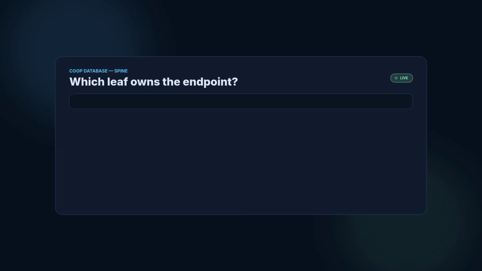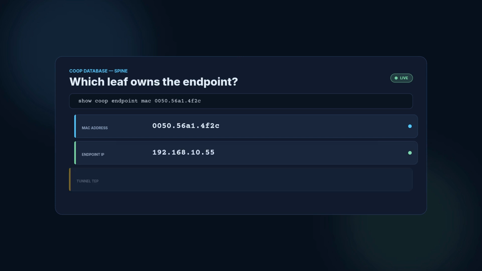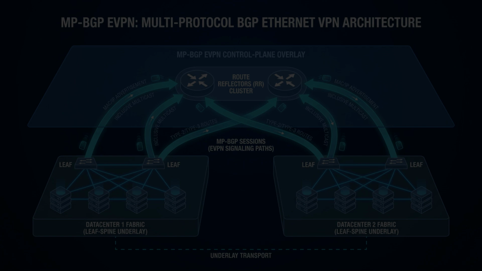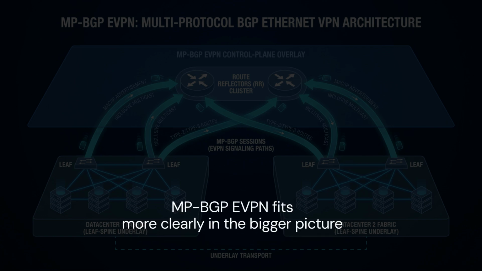If ISIS gives the fabric reachability to the destination leaf, COOP gives the fabric the current knowledge of which leaf owns the endpoint. Those are two different control plane answers, and ACI deliberately keeps them separate. That separation is what makes the next layer, MP-BGP EVPN, easier to place in the overall picture.